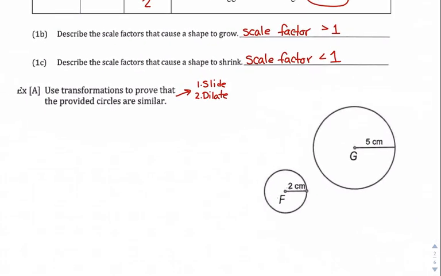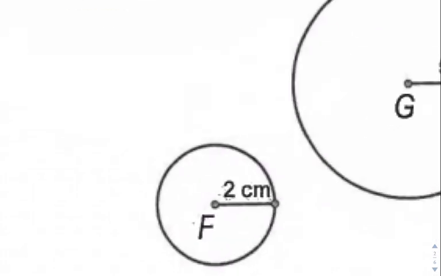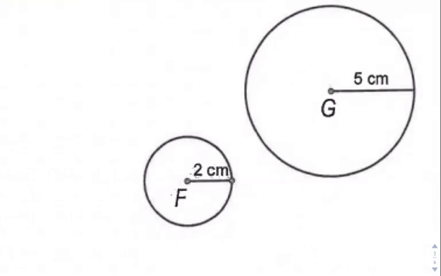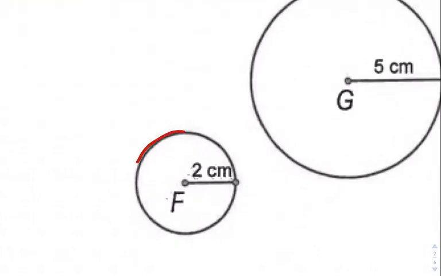So to prove these are similar, let's move the smaller circle over to the bigger one. So if I have a circle here, center is F, radius is 2.